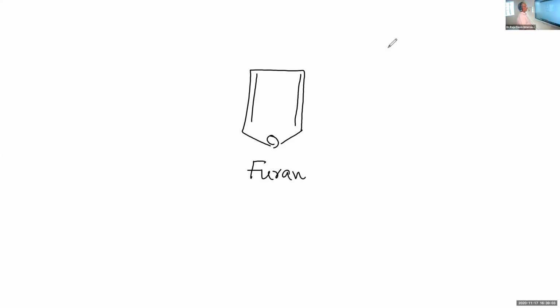In the ring, in addition to carbon, there is oxygen. See here, at these corners, here there is carbon, here carbon, here carbon, here carbon. So in the ring, 4 carbon atoms and 1 oxygen atom. So there is a heteroatom, an atom other than carbon. It is a heterocyclic compound.